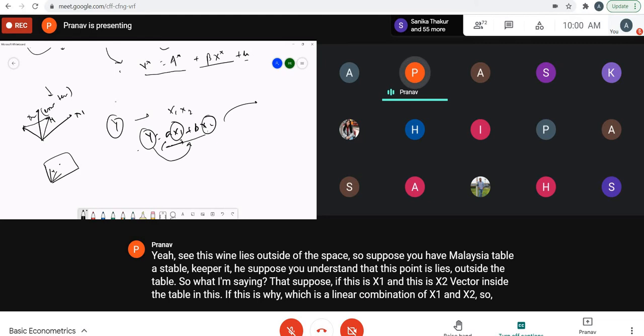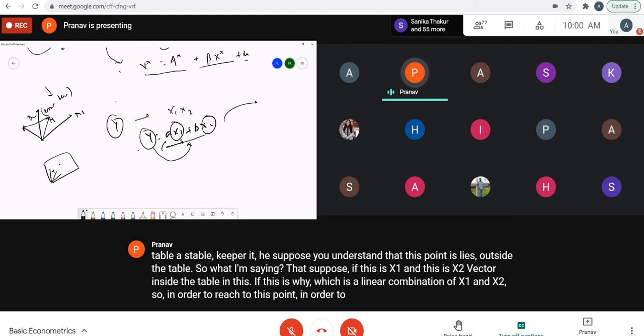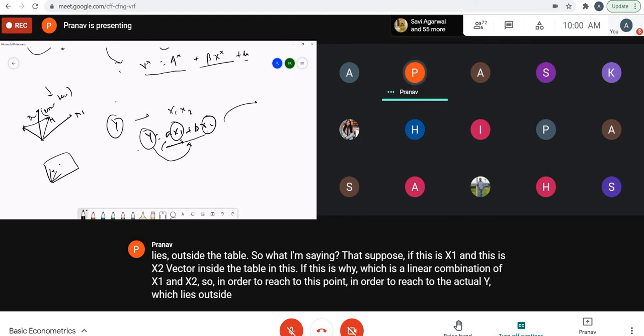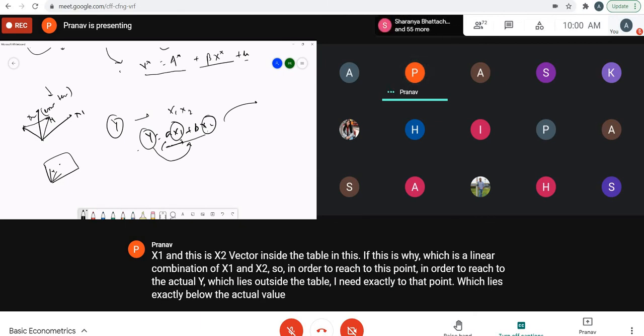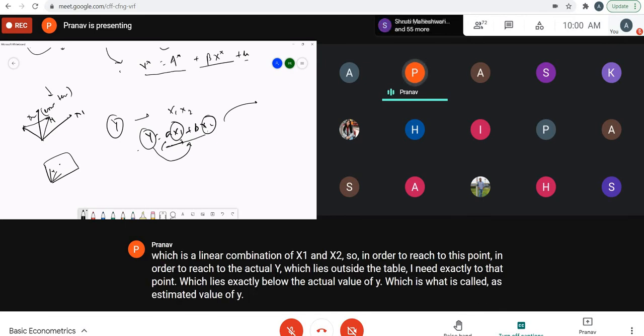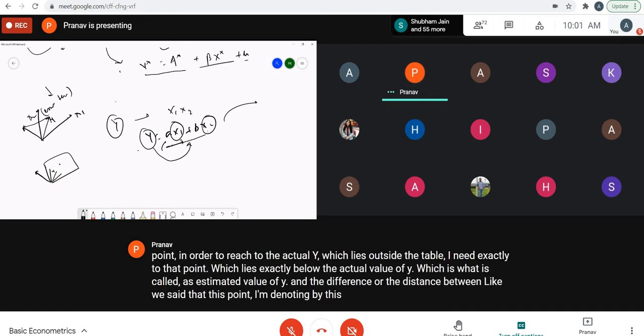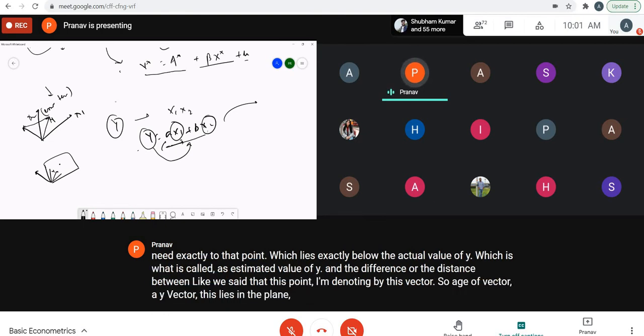So in order to reach the actual y which lies outside the table, I reach exactly that point which lies directly below the actual value of y, which is what is called the estimated value of y. Let me say that this point I am denoting by this vector. This y vector lies in the plane, on this table, and y actually lies outside the table.